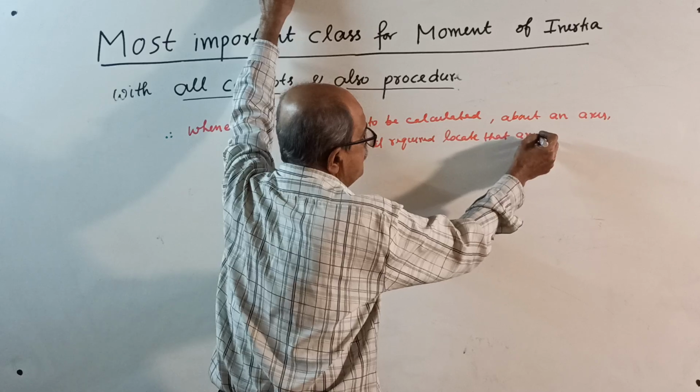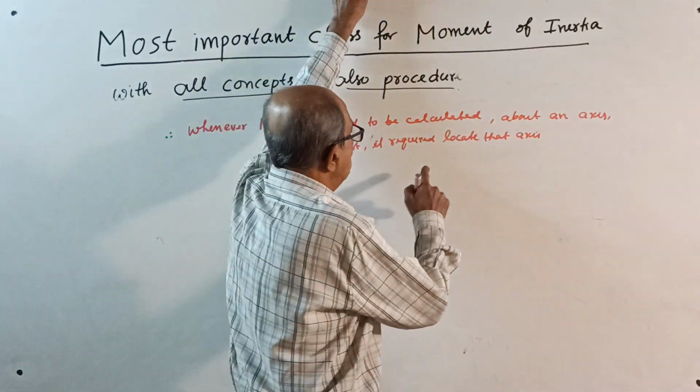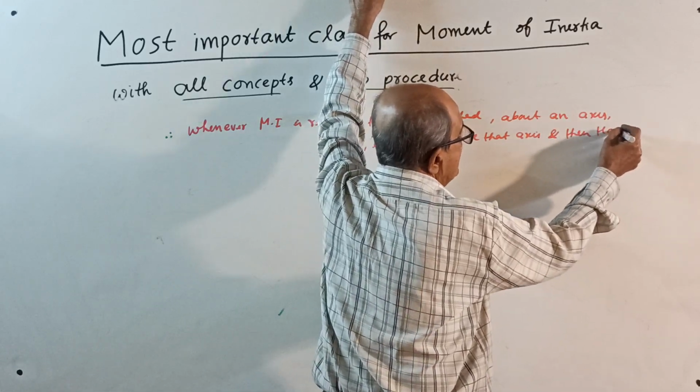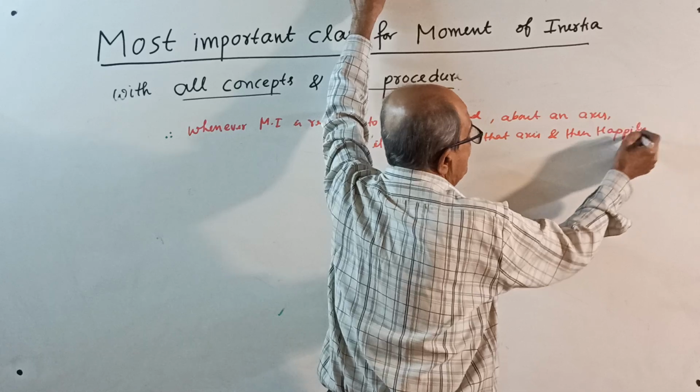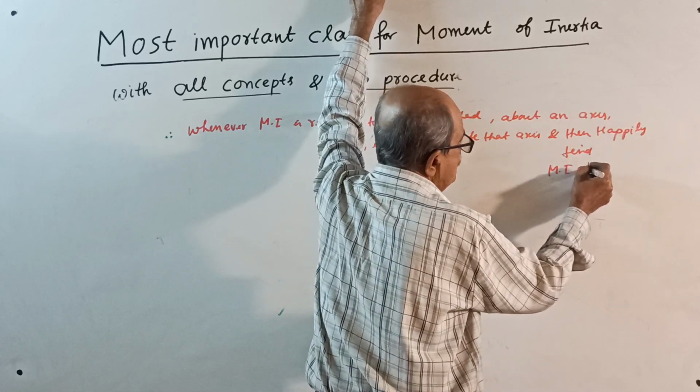That will come only for the centroidal axis. If it is a given axis, no location. First locate that axis and then happily find moment of inertia about that axis.